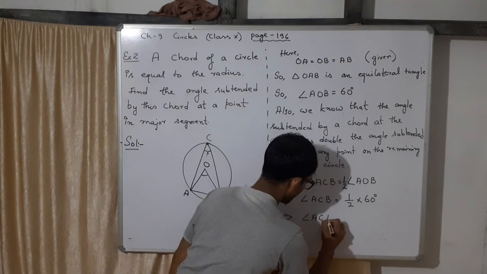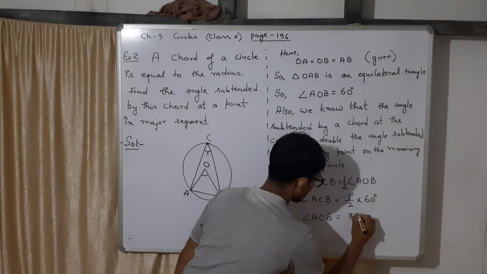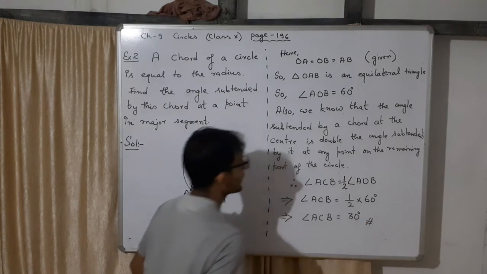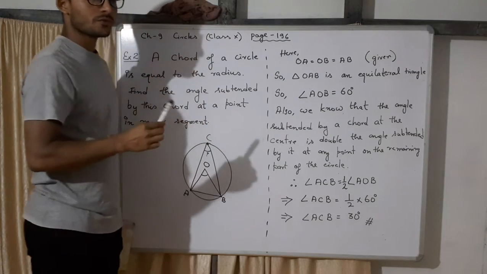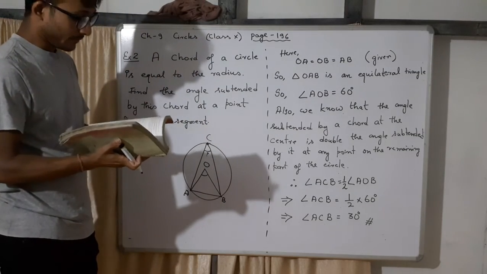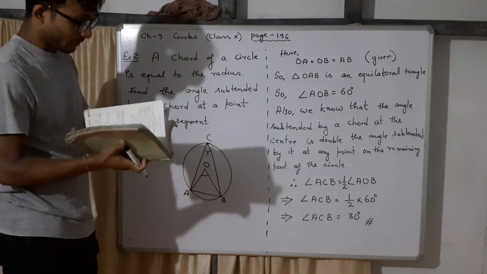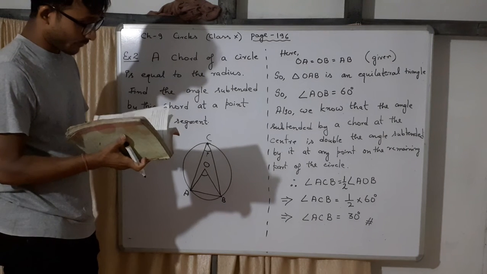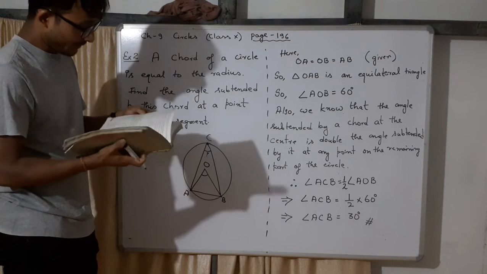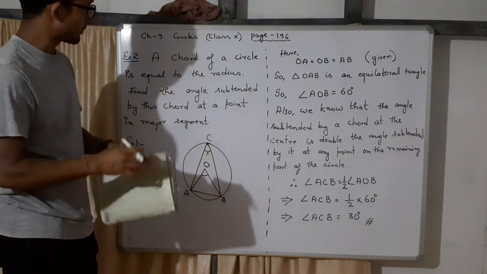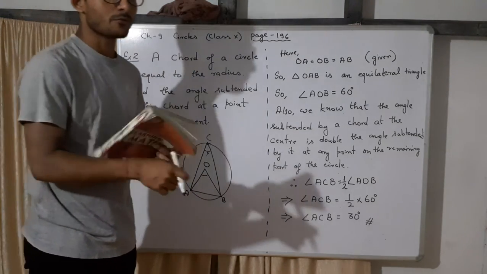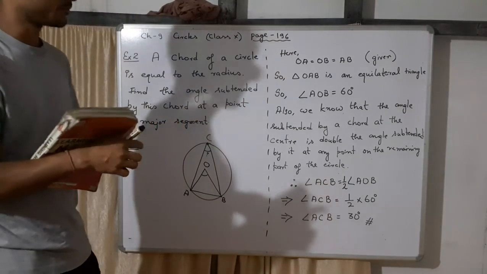Angle ACB is going to be equal to 30 degree. You see, this theorem helped me, theorem 9.2, in doing this example number 2. Like this every theorem will help you doing one or the other problem. Thank you.